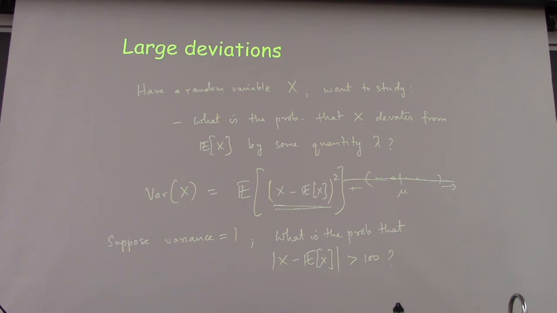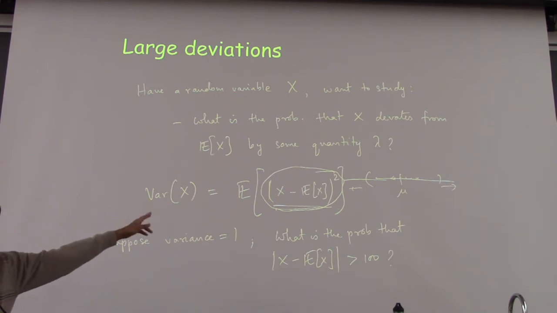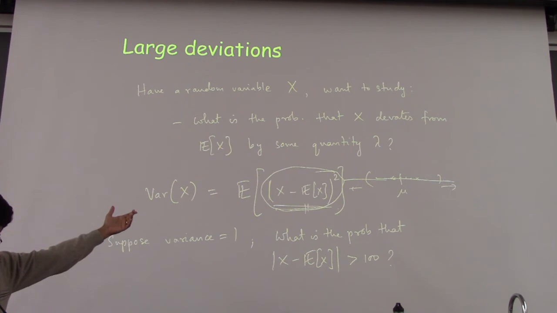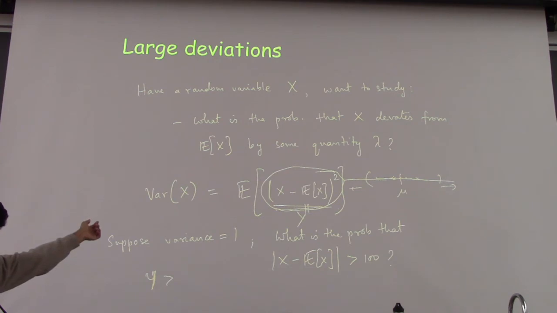You can try to use Markov's inequality. What Markov's inequality tells you is that if you have a random variable which is always non-negative, and suppose I think of the expected value of X minus EX squared as my random variable, a new random variable I can call Y. All I'm asking is, when is Y bigger than 100 squared?